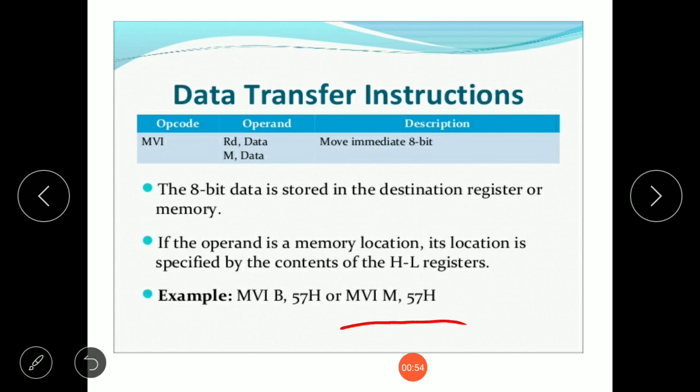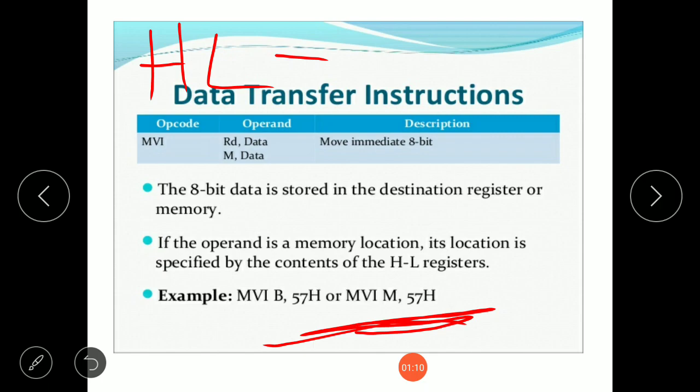What is memory location? I have told you memory location is specified by the content of the HL register pair. So at the time of execution of this instruction, the microprocessor will see what is the content of the HL register pair in the 8085 microprocessor.